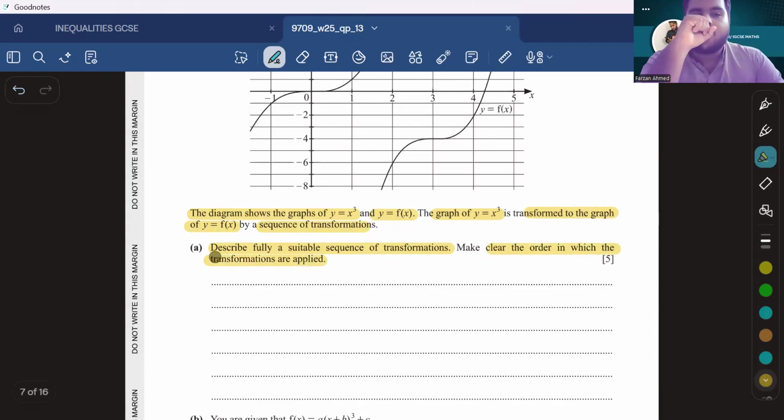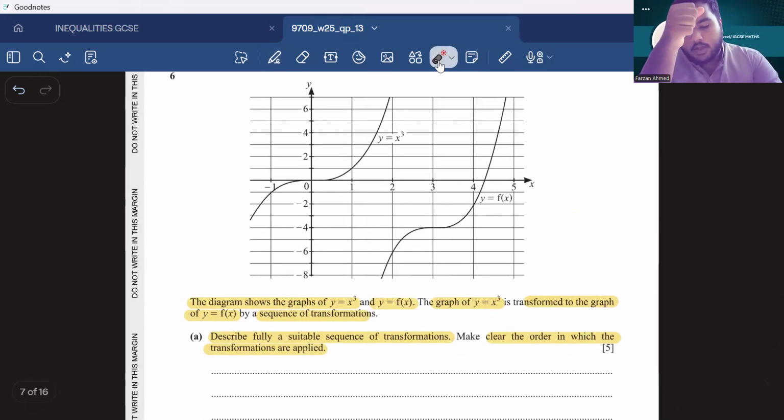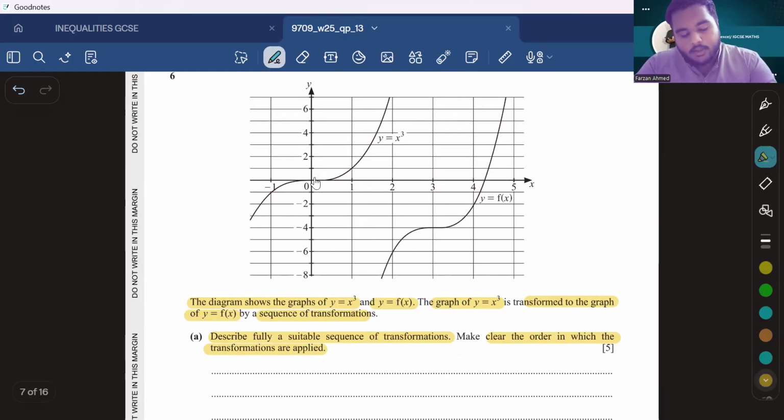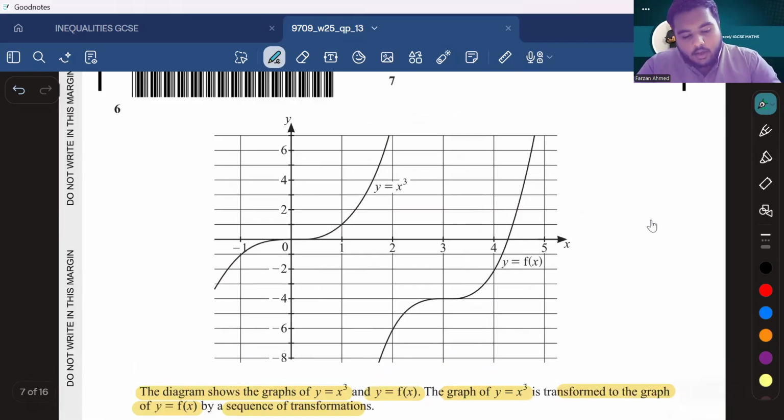So what you will do, you will first see in the question that here is the x cubed graph and this is the transformed graph, which is y equals f(x). You have to first see the coordinates. So what are the coordinates? Look here. These coordinates are 0, 0, and this is 1 unit.